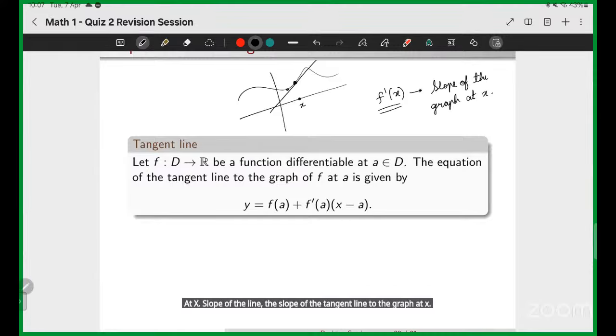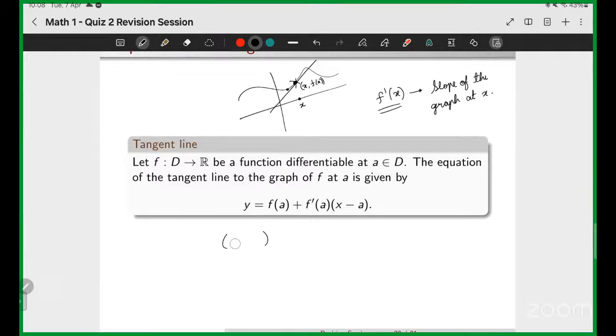Now, if the derivative is the slope, I'm looking at this point, right? What are the coordinates of this point? X comma f of x. So I have a point x comma f of x, or in this case, I've written it as a comma f of a.